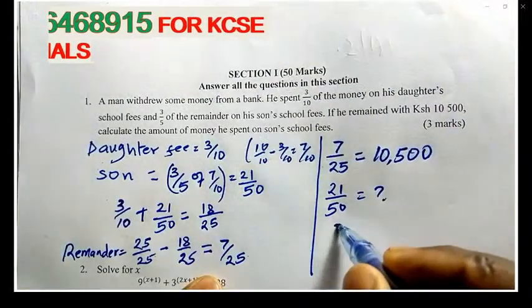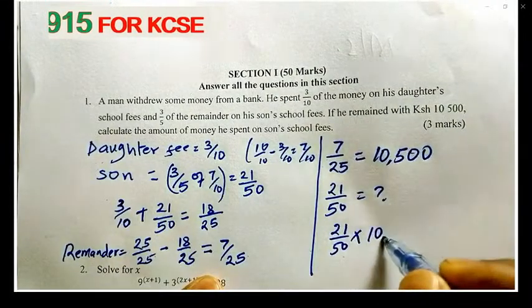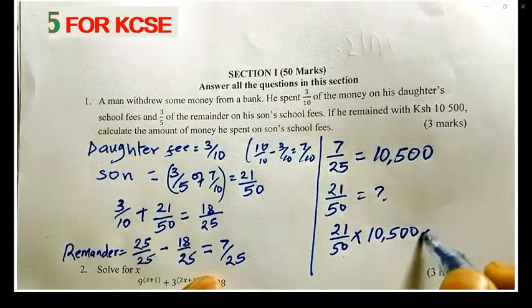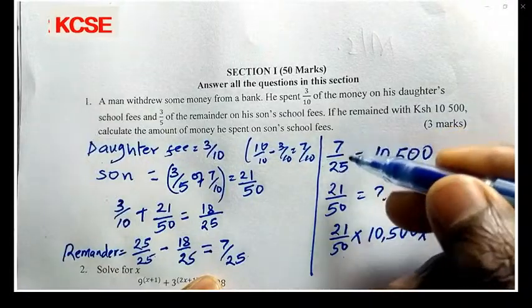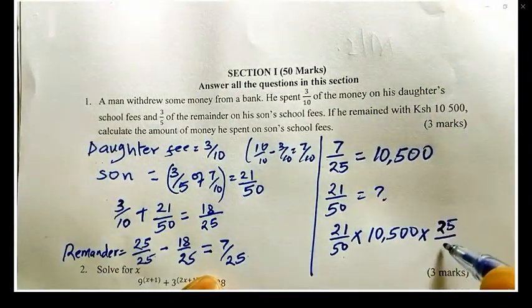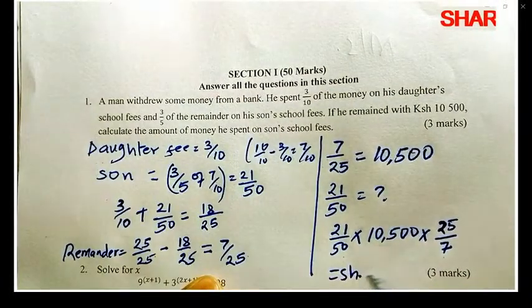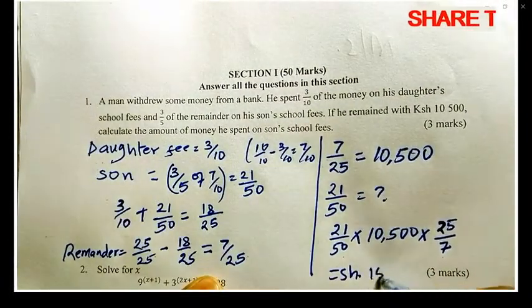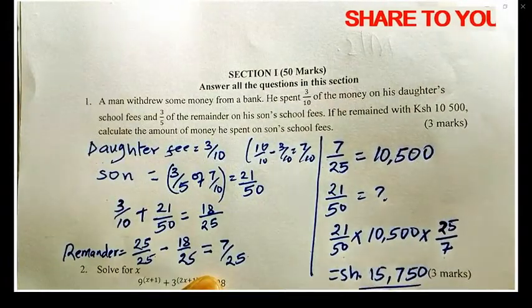So unaandika ni 21/50 times 10,500 times the reciprocal of this. The reciprocal hii 25 inakuja juu, 7 inakuja chini. 25/7. And this one will give us shilling 15,750 Kenya shilling.